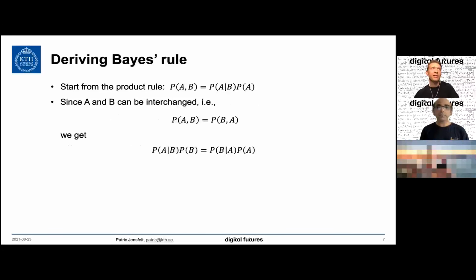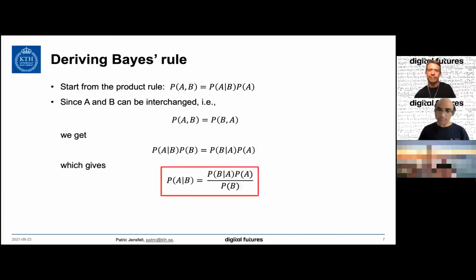So we can say that the joint probability of A and B is the same as the joint probability over B and A. If we use that, then we can replace the left-hand side of this top equation by switching A and B, and we get the expression at the bottom here. And if we just divide by P of B here, we get Bayes' rule. So this you've done probably.